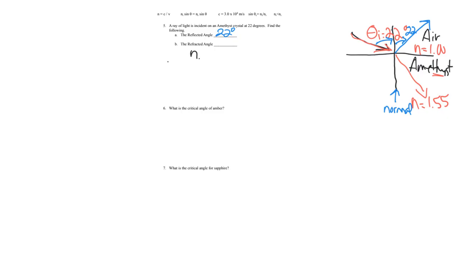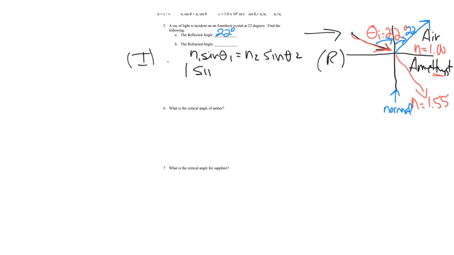Snell's law is N1 sine of theta 1 equals N2 sine of theta 2. This is the incident side. This is the refracted side. So everything above the horizontal line will be on the left side of the equation. So let's fill that in. 1 sine of 22. Everything below the horizontal line will be on the refracted side.